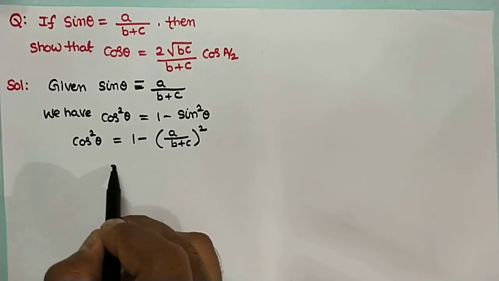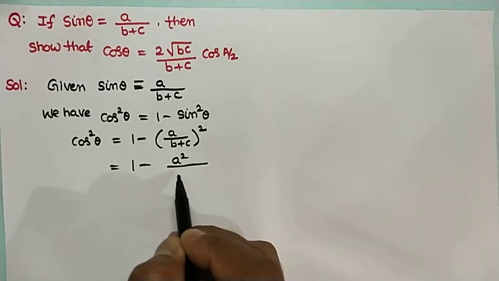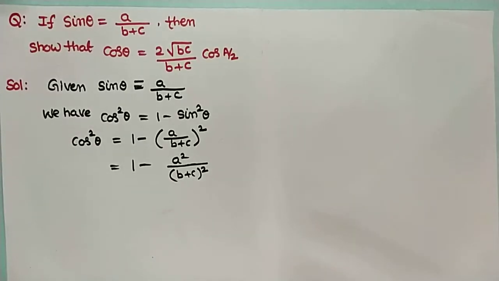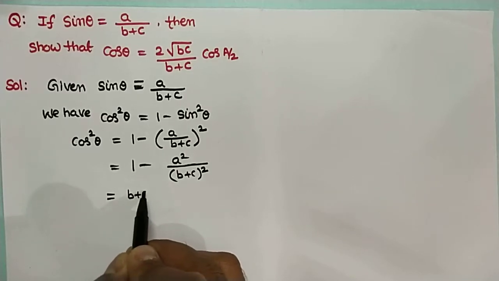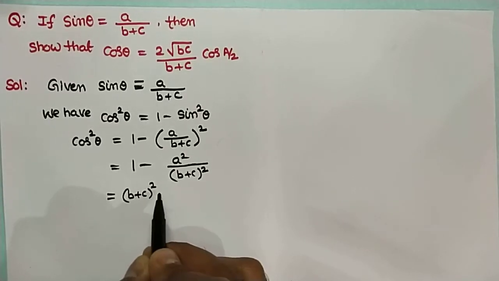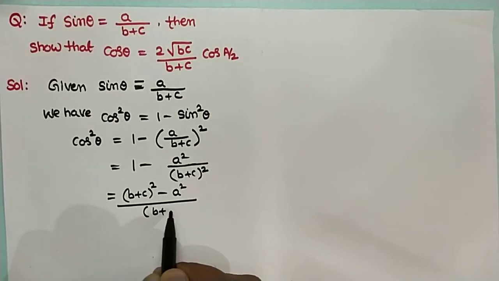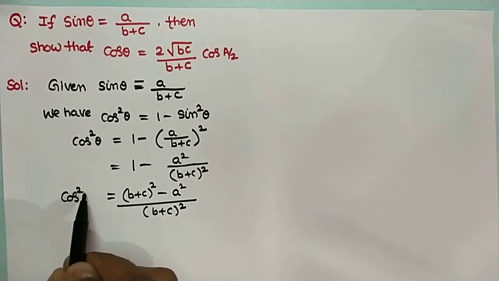Now simplifying, 1 minus a square by b plus c whole square. After taking LCM, b plus c whole square minus a square divided by b plus c whole square. This is the value of cos square theta.